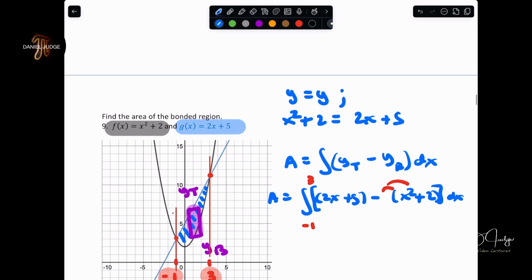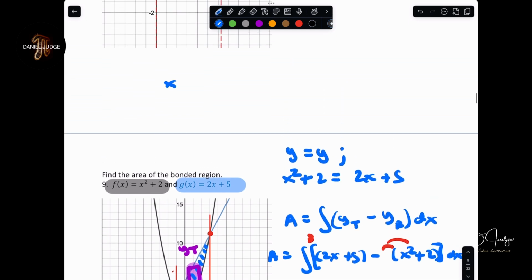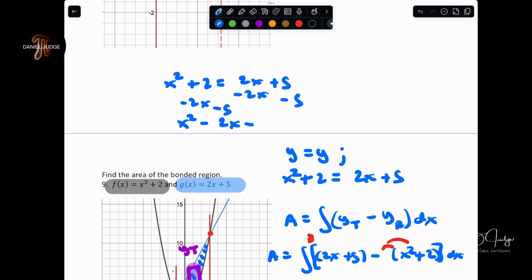So I'm going to go up here and remind people a little bit of some beginning algebra, just for fun, I guess. You're going to subtract 2x. You're going to subtract 5 from both sides. You're going to get x squared minus 2x minus 5 equals 0.